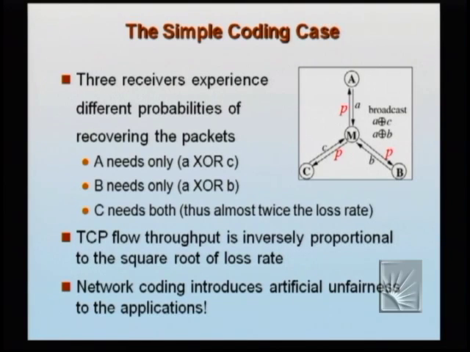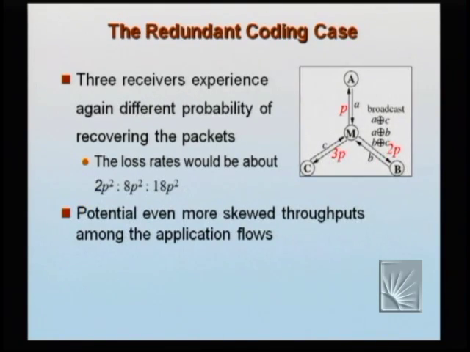Okay, so here you can see that network coding, although it can improve the aggregate throughput capacity, actually introduced some artificial unfairness. You just need to sort of alternate which Yeah, actually, that's a good point. I want to talk about that in the next slide. Well, now this one.